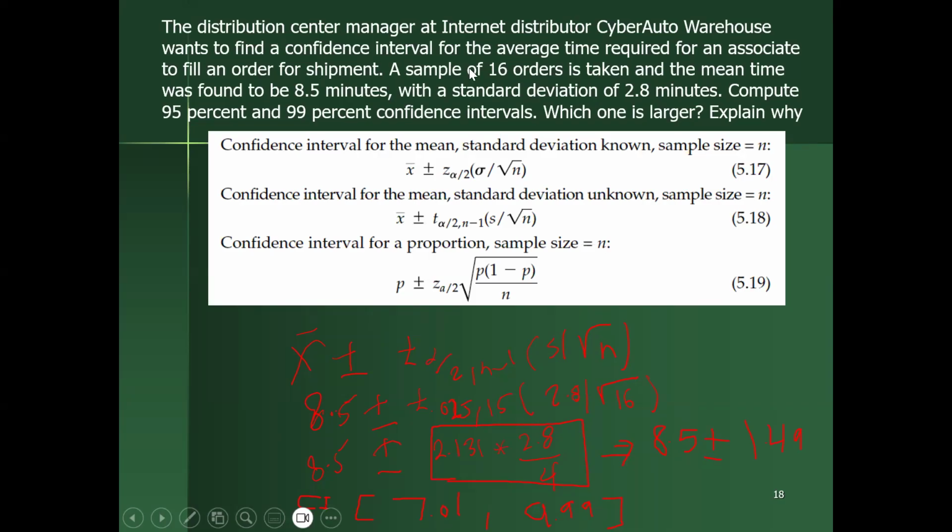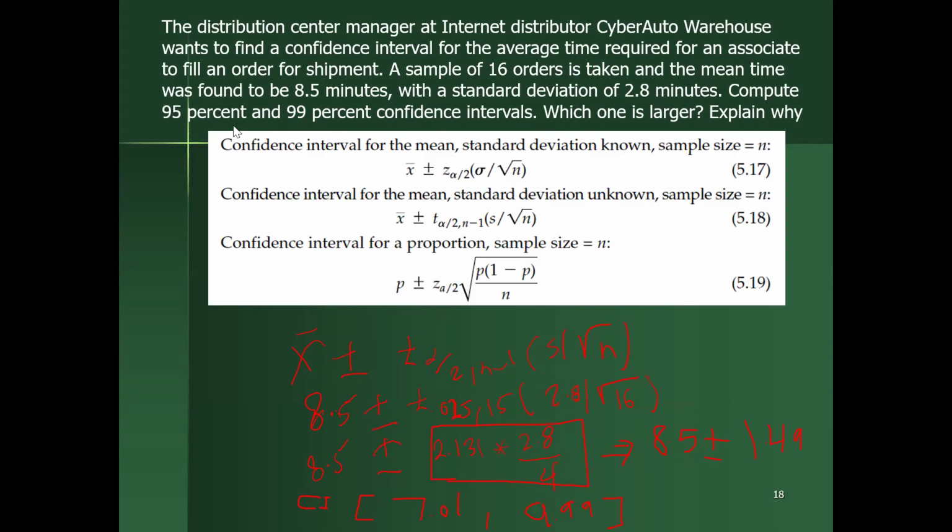The distribution center manager, CyberAuto warehouse, wants to find the confidence interval for the average time required for an SUS to fill an order for shipment. A sample of 16 orders is taken and the mean time was found to be 8.5 minutes with a standard deviation of 2.8.